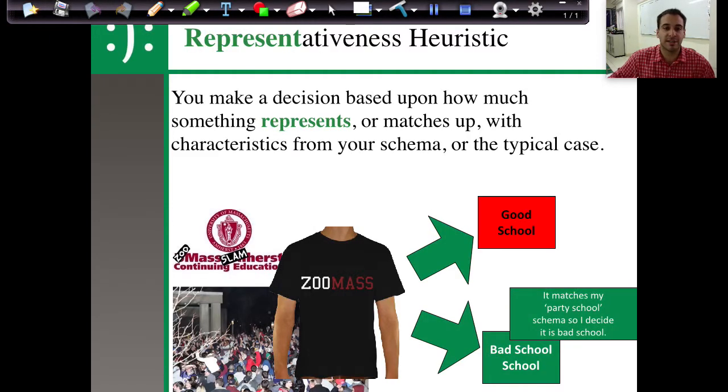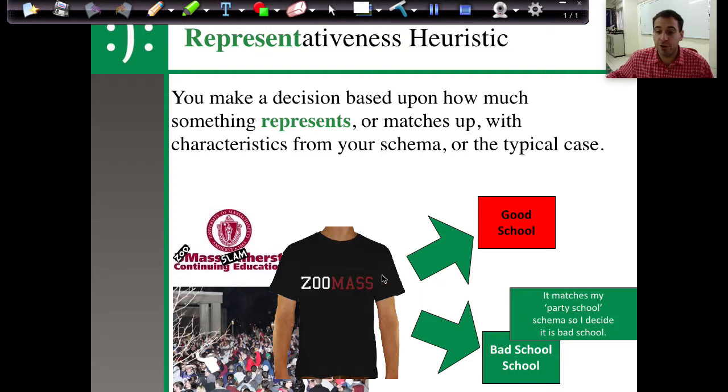Representativeness heuristic: you make a decision based upon how much something represents or matches up with characteristics from your schema or the typical case. So remember, we're using schemas of prior knowledge we have about something that have an influence on us to make a decision.